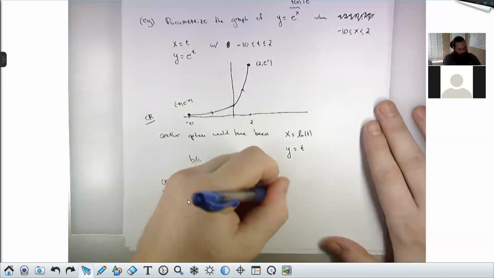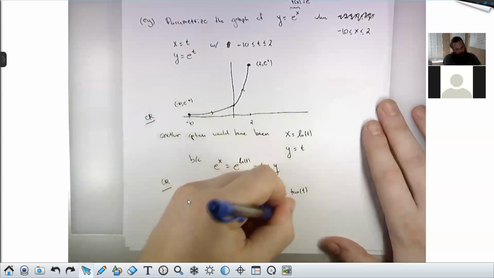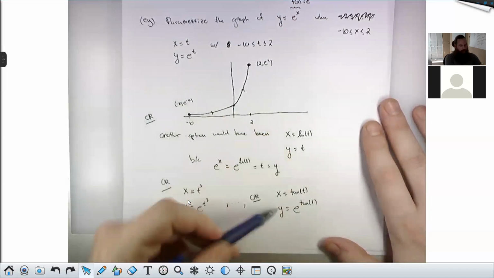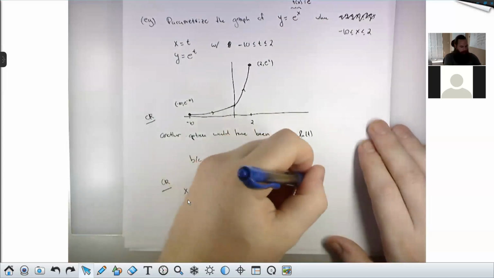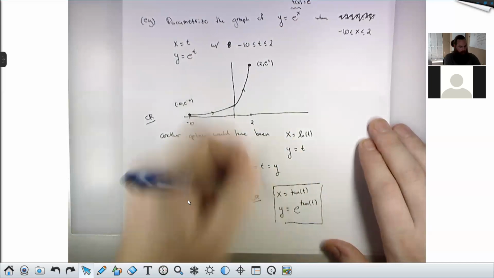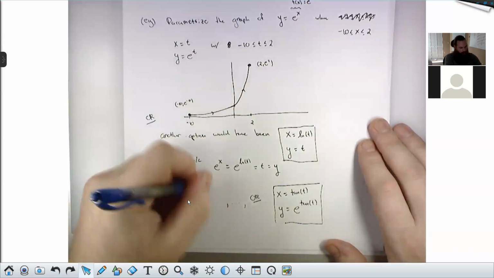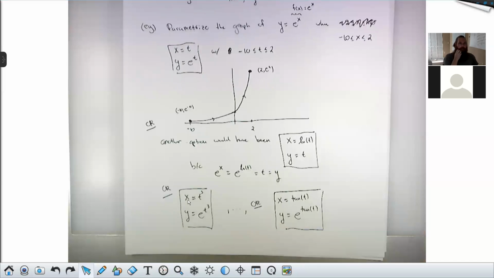We could have used x equals tangent of t and y equals e to the tangent of t, because again, this is e to the this. So each of these sets of parametric equations will have the same graph. These are all different ways to parameterize the curve y equals e to the x.